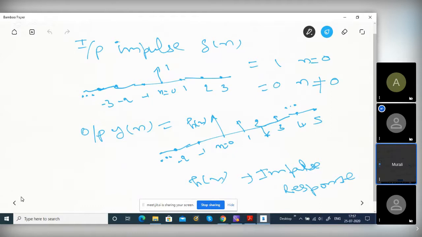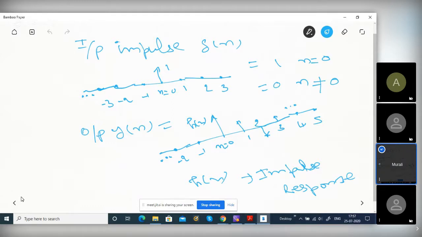If I give this impulse to a system, assume that the system is linear and time invariant, time invariant is most important, I get an output. The output need not have only one impulse; it can have one impulse or many impulses.